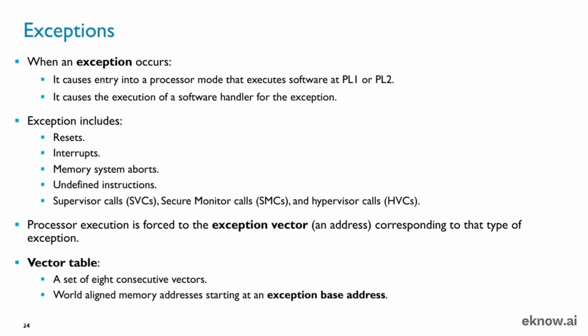These vectors are all grouped together in one place called the vector table. As the slide says, it's a set of consecutive memory addresses, starting at what's called the exception base address. Each entry in this table points to the starting instruction of the handler for a specific exception. On the next page, we'll see exactly what this table looks like and what's stored at each of these addresses.